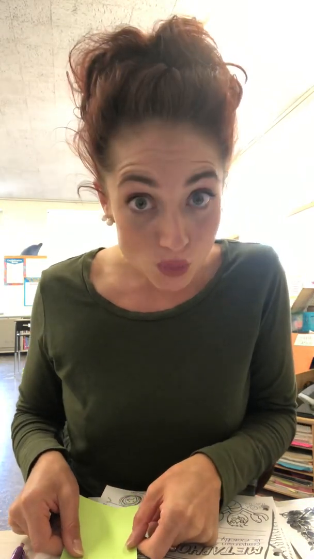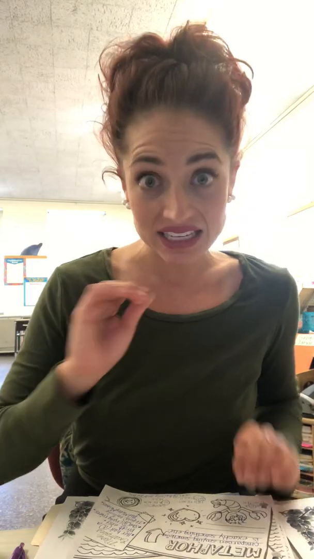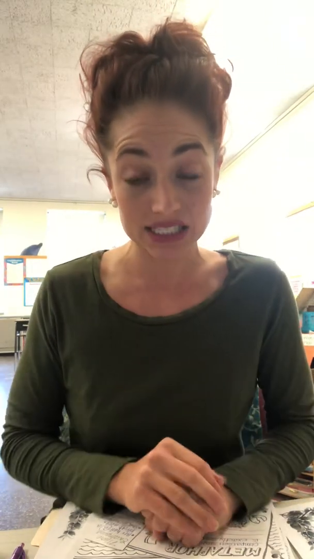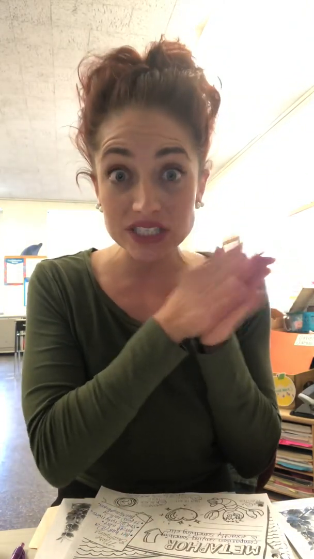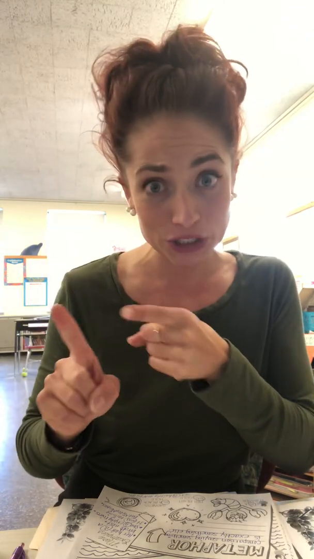The first one they came up with was, she's fast as a cheetah. They used as this time. Right? So they're comparing the girl and her speed to the speed of a cheetah. In other words, she's really super fast. But we made it into a simile by saying she's fast as a cheetah.